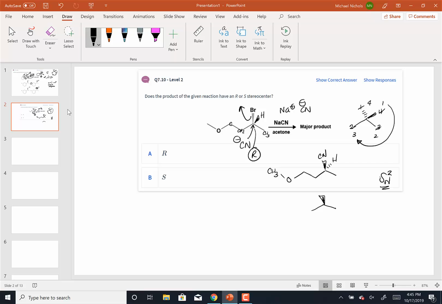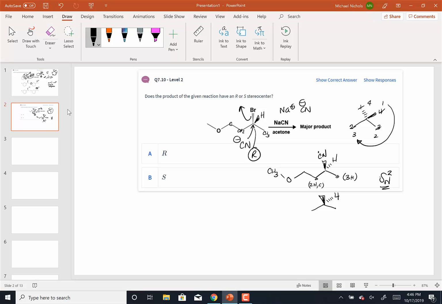Okay. So what we have is hydrogen as 4. I have carbon versus carbon versus carbon. This carbon is a CH3, so it has 3 H's attached to it. This carbon is a CH2 with a carbon attached to it, so it has 2 H's and a C attached to it.